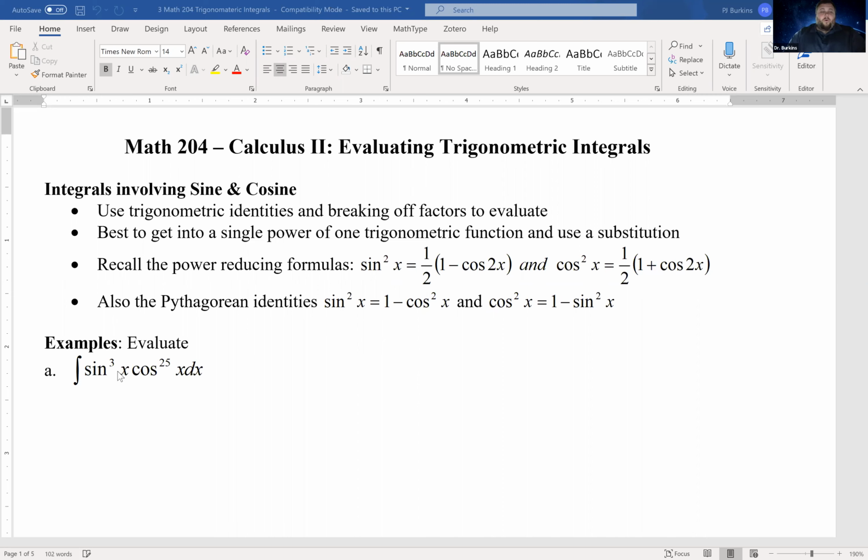So our goal is to break off some of these sines and cosines because we're going to actually be using U substitution here. We're going to let U equal either sine or cosine, which means we have to have at least one sine or cosine that we break off.